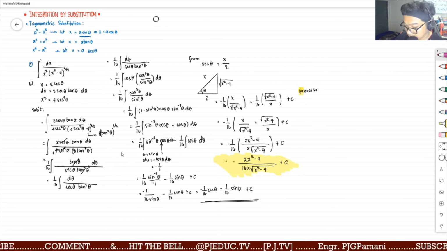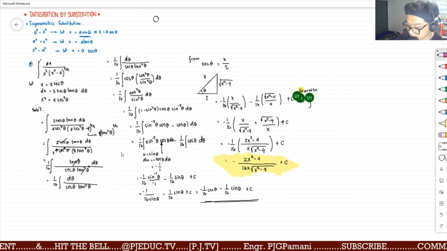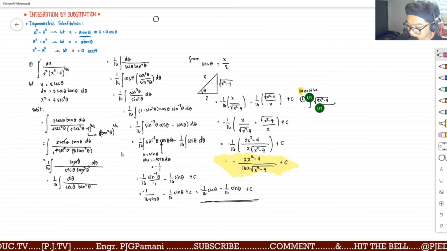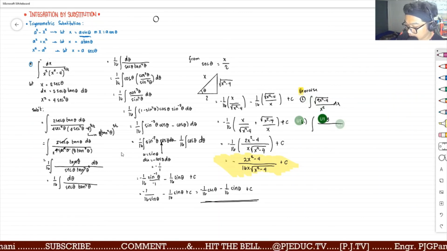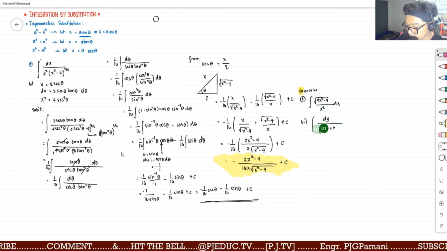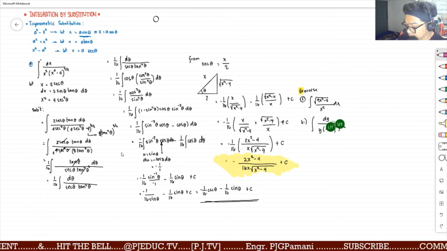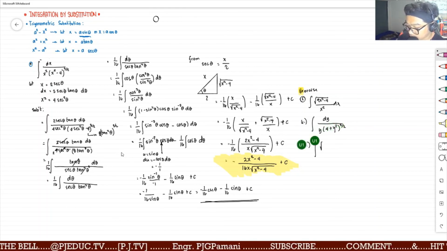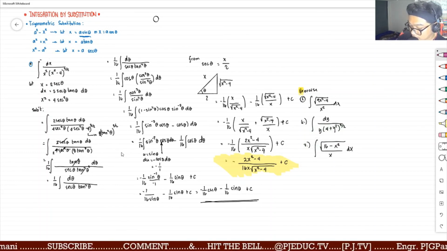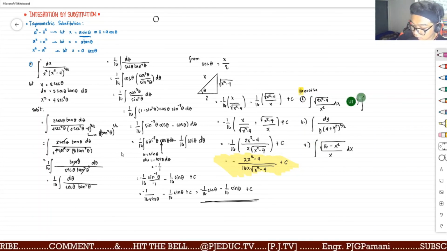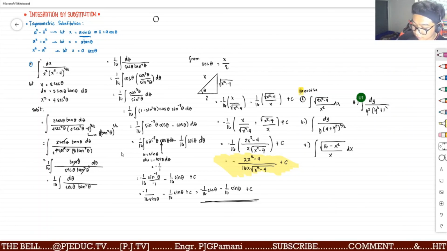Try to solve integral of 9x squared minus 4 all over x squared dx, and dy over y times 4 plus y squared raised to 3 halves, and square root of 16 minus x squared over x dx, and integral of y squared times y squared plus 1.